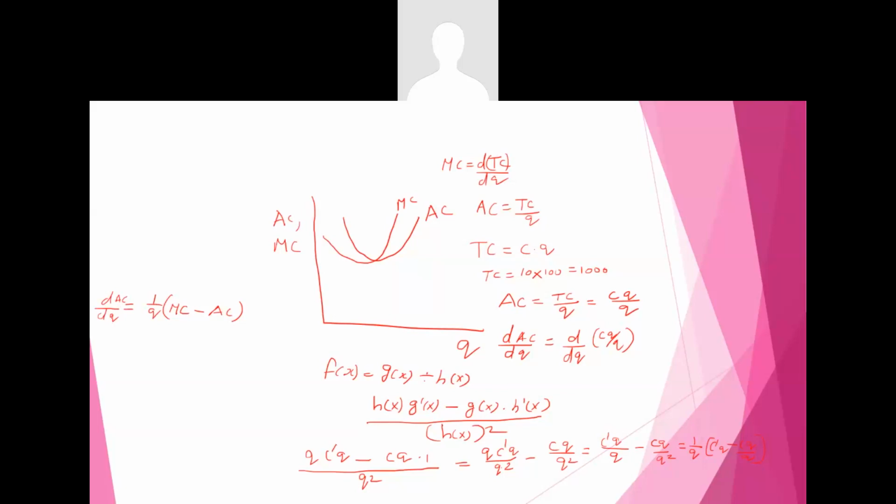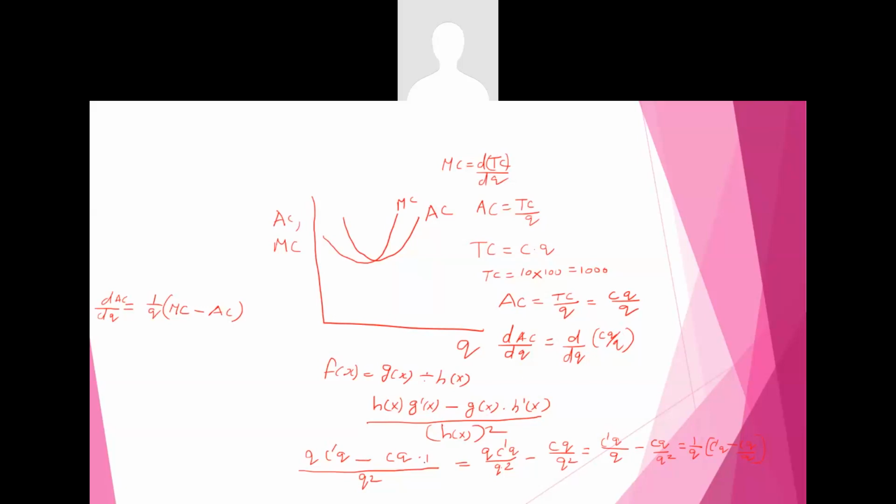We are differentiating average cost with respect to output, finding the slope of the AC curve, and by applying the quotient rule we get 1 by q into MC minus AC.